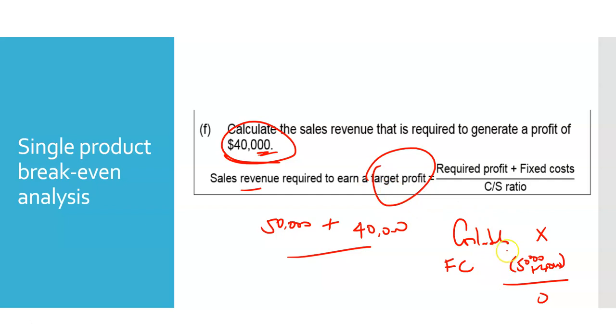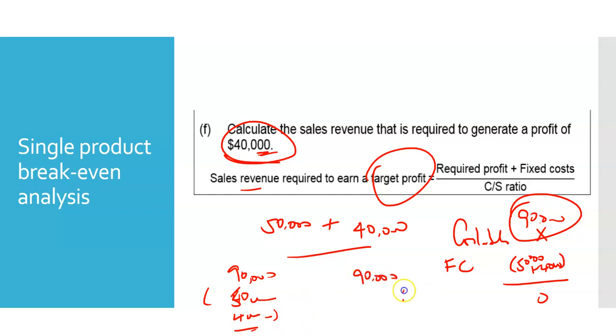I haven't arrived yet because this is a target profit. Think of it like that. So ultimately it means the contribution is equal to 90,000. I must hit a contribution of 90,000. When I've hit a contribution of 90,000, I cover all these fixed costs first, then target profit. So if contribution is 90,000, and I know my ratio of contribution to sales is 0.2, I know that contribution is 20% of revenue.